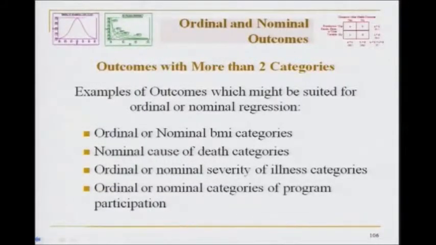So we talked about this a little before, and now we'll just go into more detail, and I have some examples, some better examples, I think. I've given some examples where we might think about more than a dichotomous categorical variable that might be of interest to us. So whether it's different causes of death, whether it's BMI categories, you get the point.